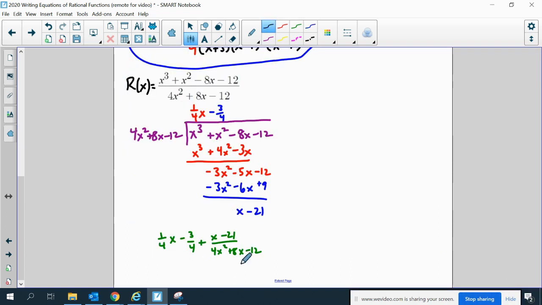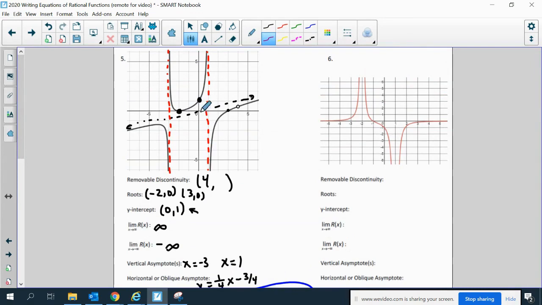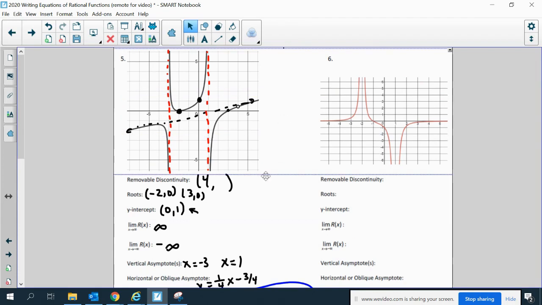Since we know it's an oblique asymptote, I wrote r of x with everything multiplied out, and then I did the long division already so that this video doesn't get excessively long. This is what happens when we do the long division, which means that my oblique asymptote would be 1/4 x minus 3/4. And if I look at the actual asymptote and draw it a little bit better, that's probably about where it would be.